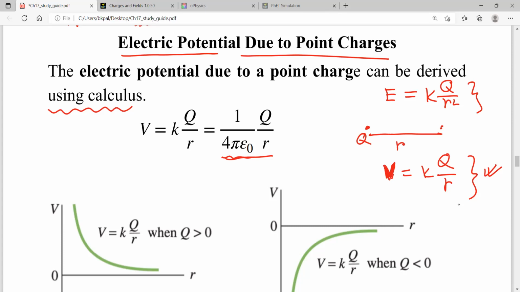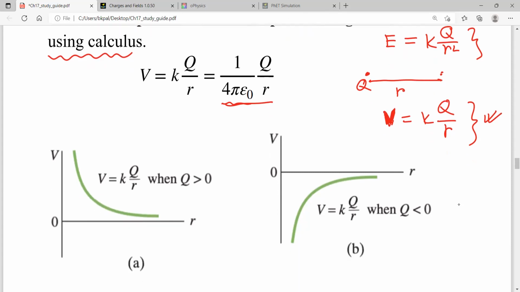So for example, if I draw this graph for positive charge, it will be this. You see that this is in the first quadrant, and first quadrant means all values are positive. For the negative charge, you see that in this graph, it is in the fourth quadrant, and all numbers in the fourth quadrant are negative.